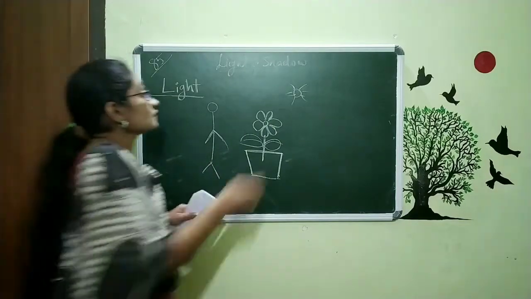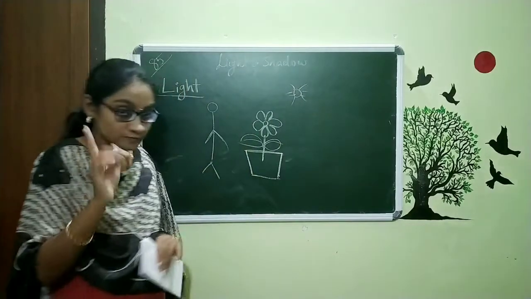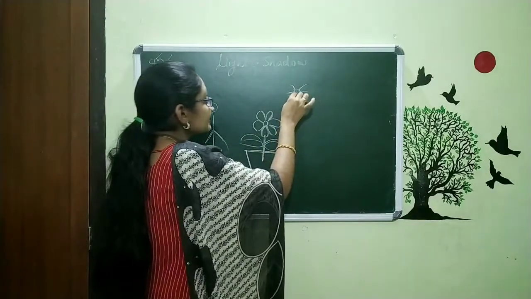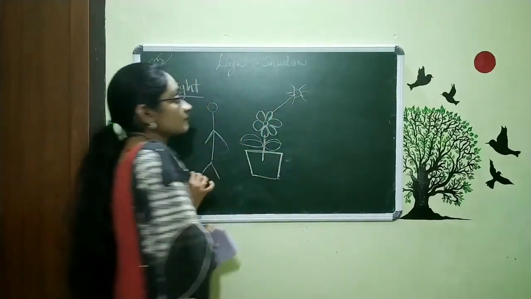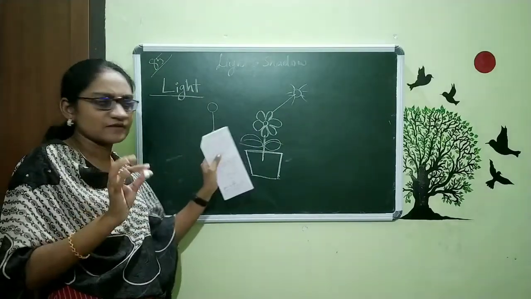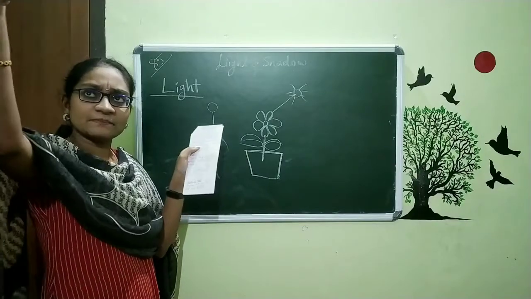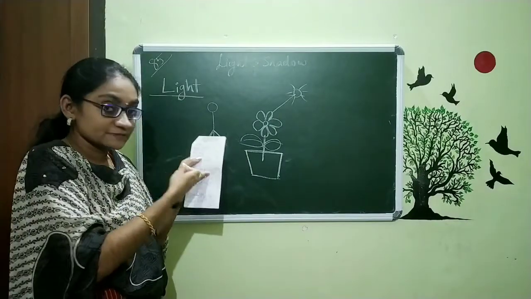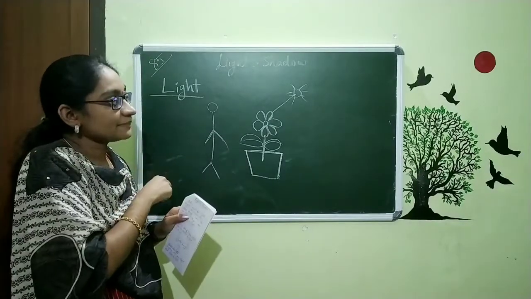So here we have sunlight, and just observe the sunlight hitting our flower. Sunlight hits the flower, this is one example. This is paper. The light from the bulb hits this paper. And now what happens?